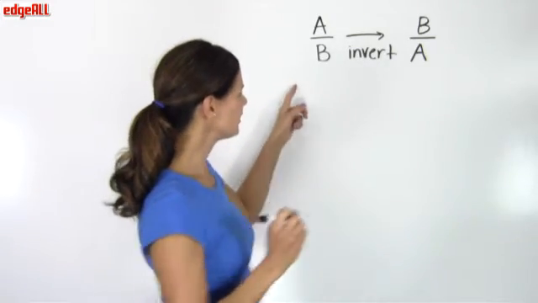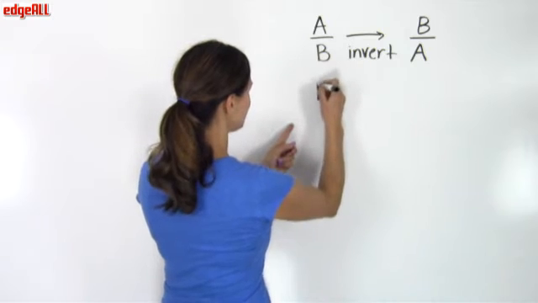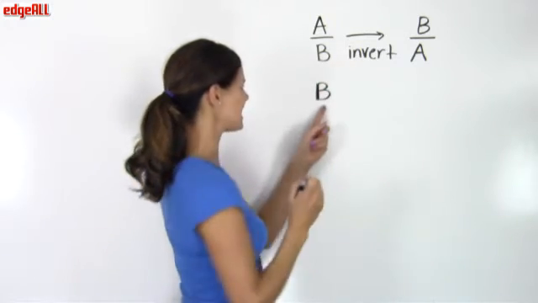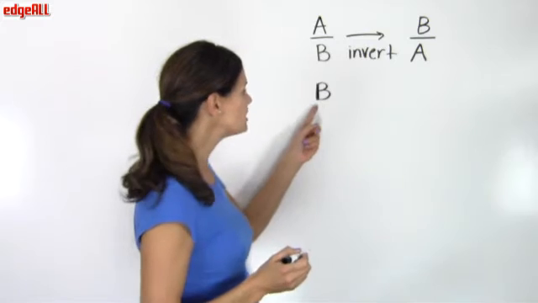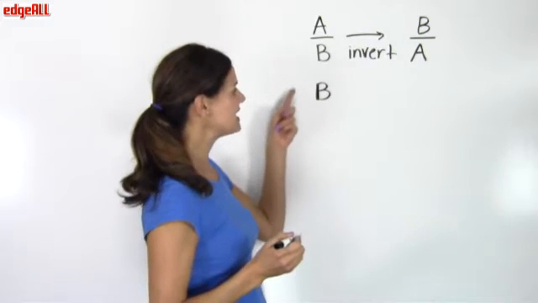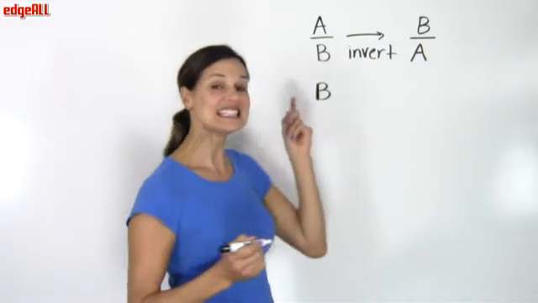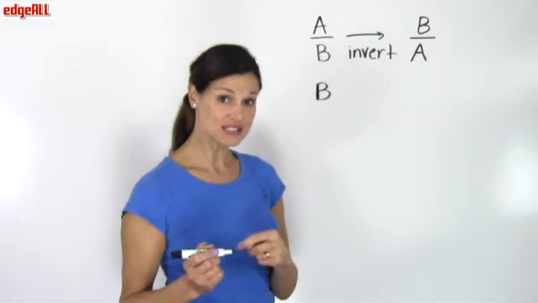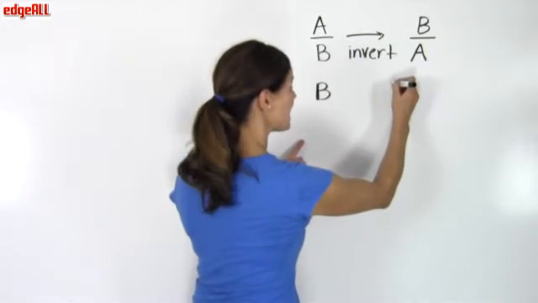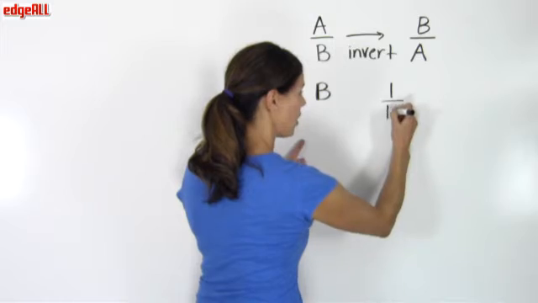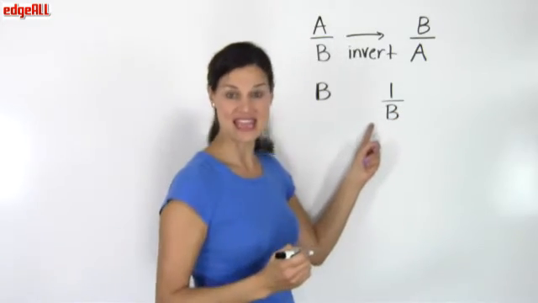So let's look, for example, first of all, at a number b. To divide by a number b is the same as multiplying by the inverse of that number, or 1 over b.